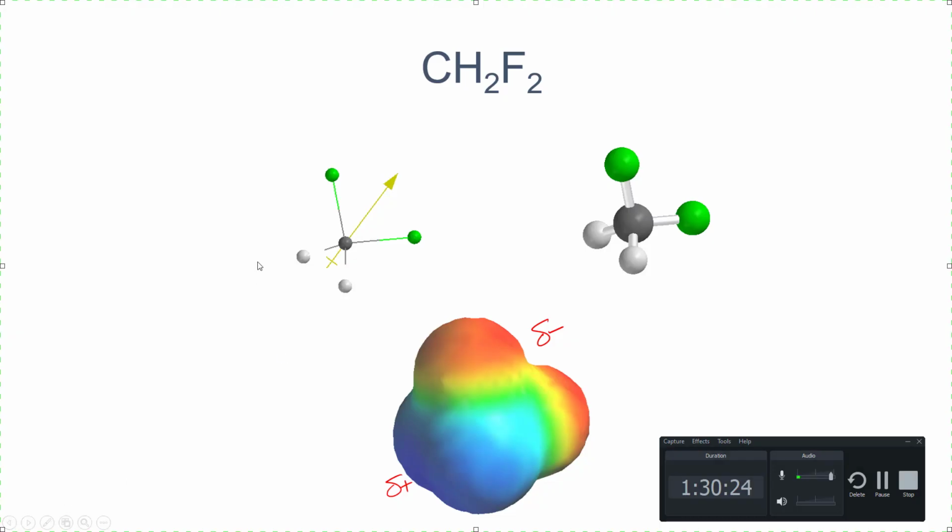And let me come back here for one more moment, and then this will end this video. What does it mean to be a polar molecule? What it means to be a polar molecule is this.